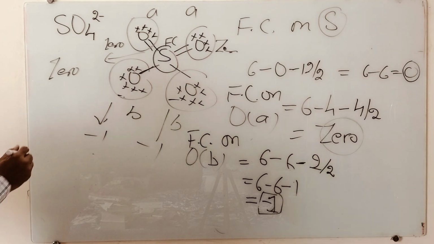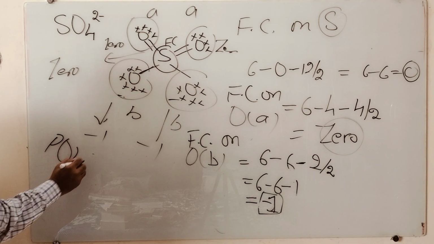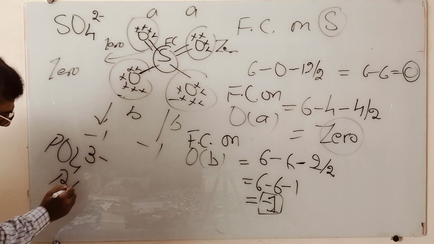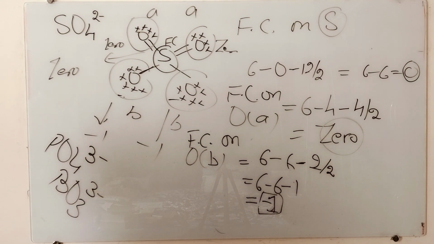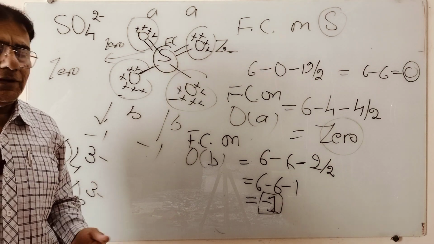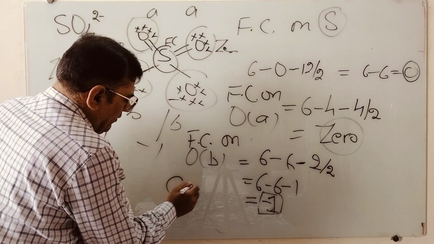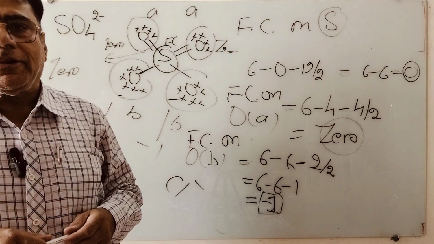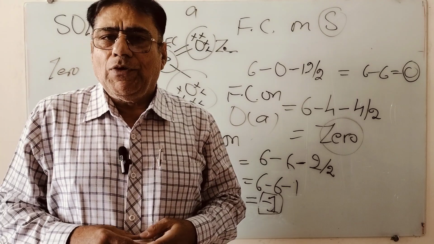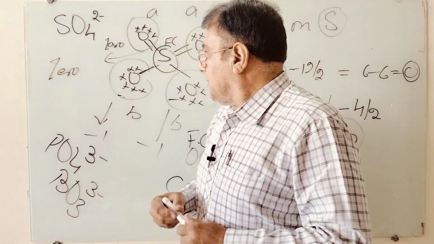So any charge you can take, phosphate ion, PO4 3 minus, or borate ion. How these 3 minus or 2 minus or simply minus, chloride, you can take very easily, you can calculate. I hope it should be clear. That is a formal charge, because we are not considering the electronegativity.